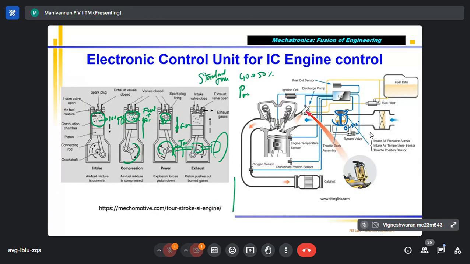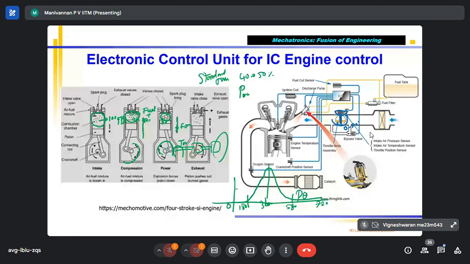Correct? You know that in the engine, the P-theta diagram, pressure versus the crank angle, is shown something like this. This is 0 degree, this is 180 degree, this is 360 degree, this is 540 and this is 720.